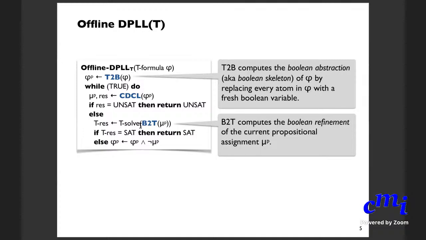So you can invoke the solver on that, after you replace the propositional variables with their original atomic formulas. If that is satisfiable, then you return sat. If not, then you block the satisfying assignment which did not work for you, and then you rerun this. Okay, so that is the idea.